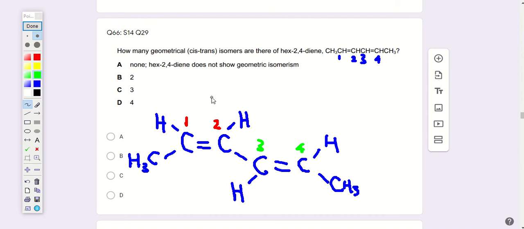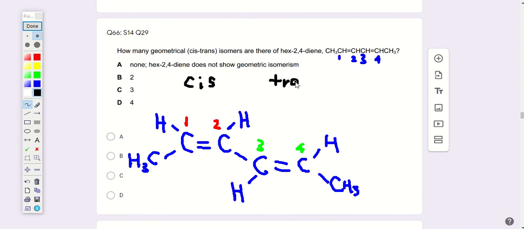You see, this is actually a bit like finding the probability in mathematics. I can have this combination between 1 and 2, right? This one is a cis isomer. This one is a trans isomer.